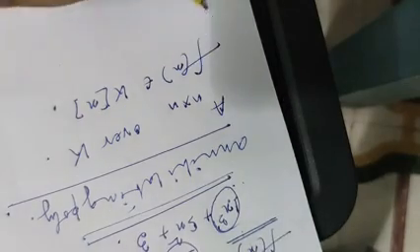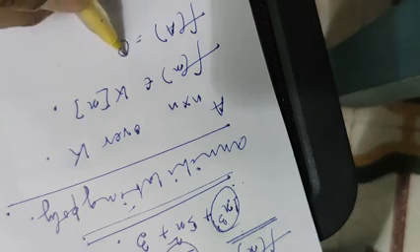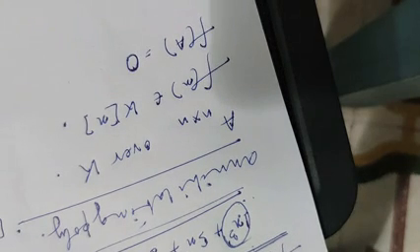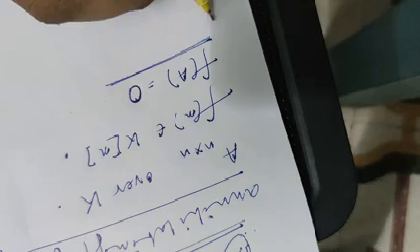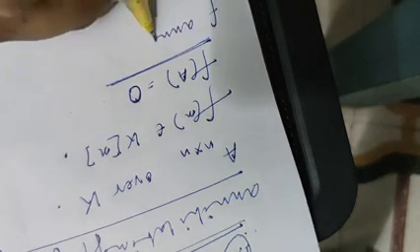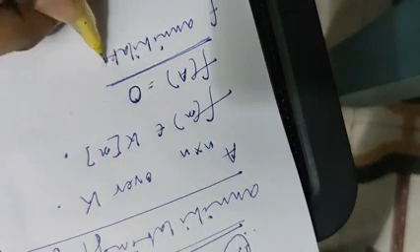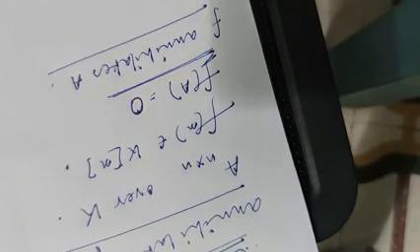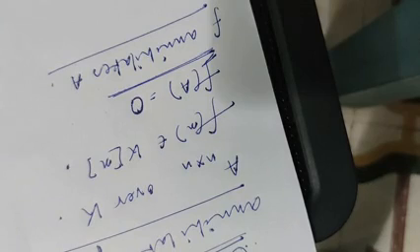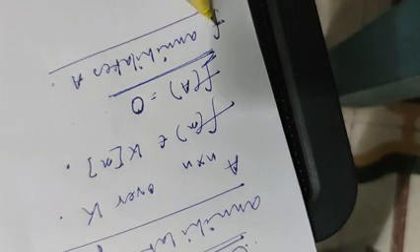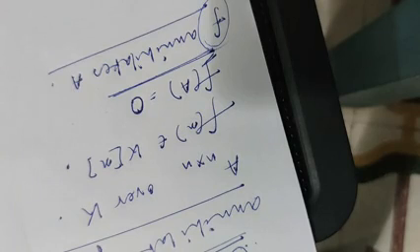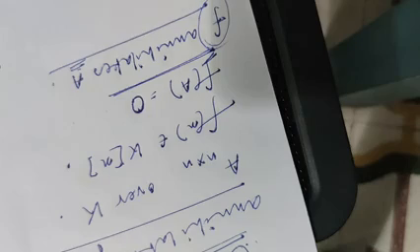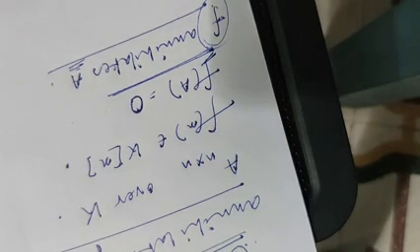Now if f(A) equals 0, where 0 means the zero matrix, then we say that the polynomial f(x) annihilates A. That means under this polynomial, the matrix A becomes the zero matrix. Then it is said to be annihilating the matrix A, and we say this f is an annihilating polynomial of A, for this particular matrix.